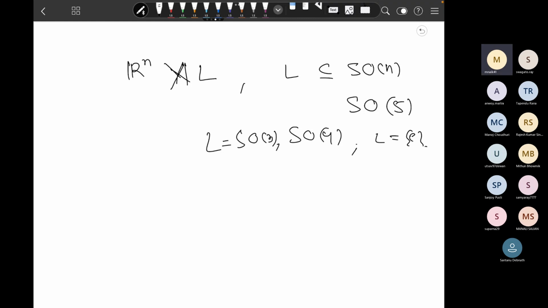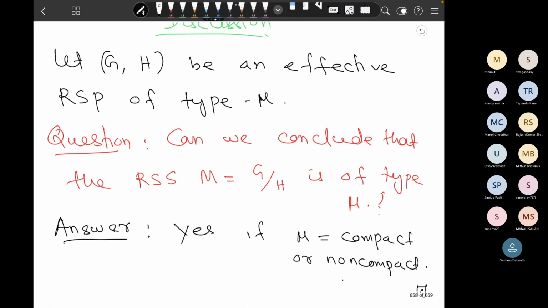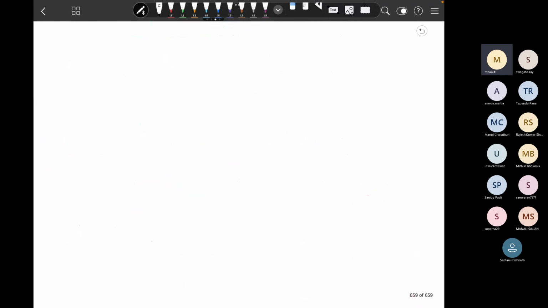I am not taking O(n) because O(n) will not be connected, and connectedness is a problem by the definition of a Riemannian symmetric space. So this is the thing.